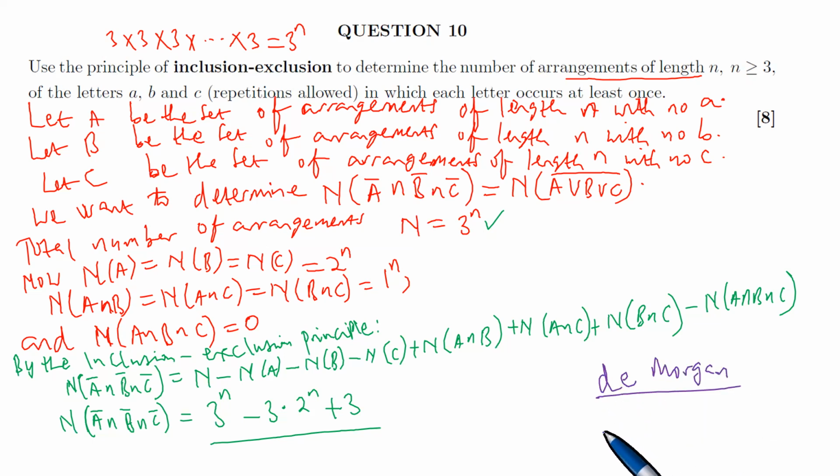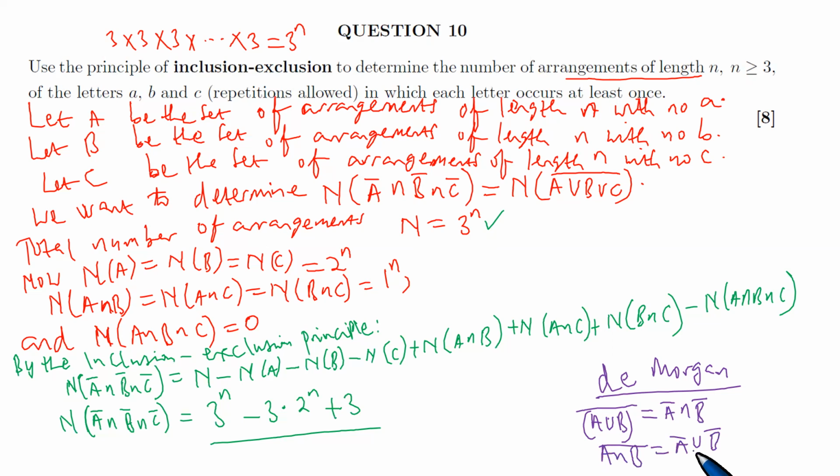What does De Morgan say? Well, De Morgan says that if you take the complement of A union B, you get this.